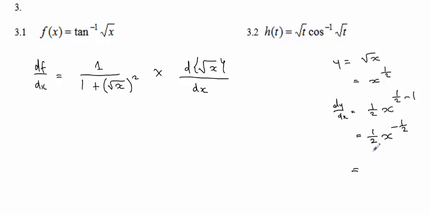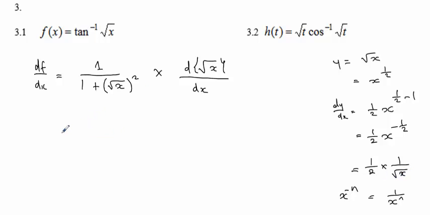Then simplifying, this will give us 1 over 2 multiplied by 1 over the square root of x. Remember, when you've got x to the power minus n, this is 1 over x to the power n. So our power half, we translate it back to the radical sign.